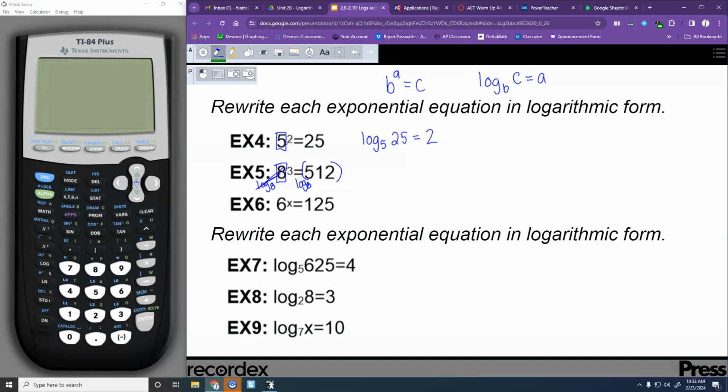They would cancel, and I would just have a 3 over here. And on this side, I'd have log base 8 of 512. Other than my 3 being on the left side instead of the right side, which doesn't matter, I could switch those, right? It's the same, because 8 was my base on my log, 512 went over there with it, and then it's equal to 3.